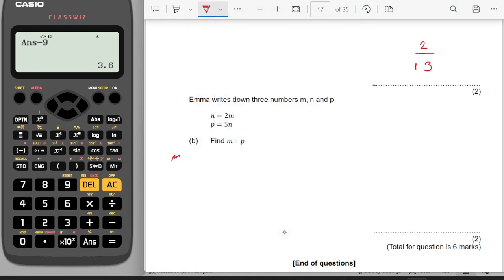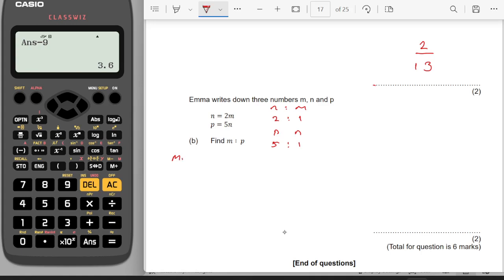So my first method, if I've got N equal to 2M, then the ratio of N to M, I've written that the wrong way around, I should have done it as N and M. So I'm going to need 2 lots of N to be equal to M. And then if I do the same for P to N, I'm going to have 5 lots of P equal to 1 lot of N.